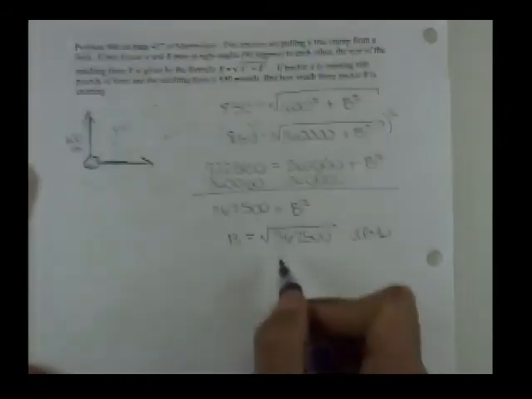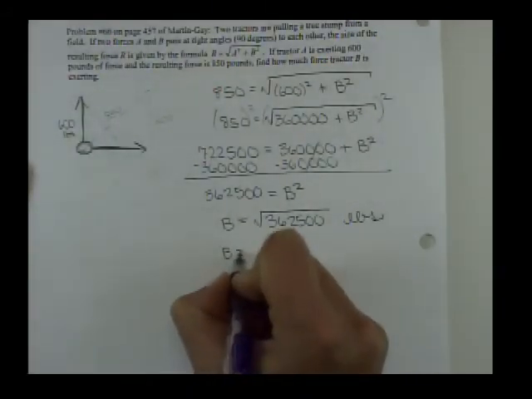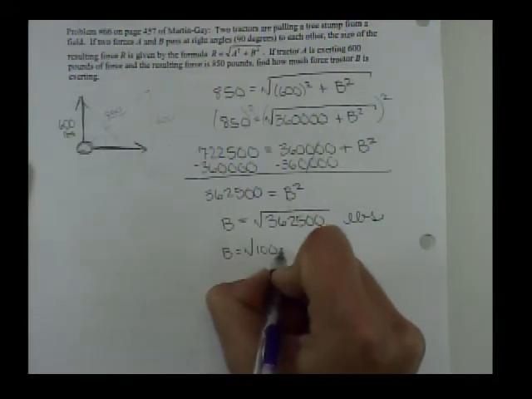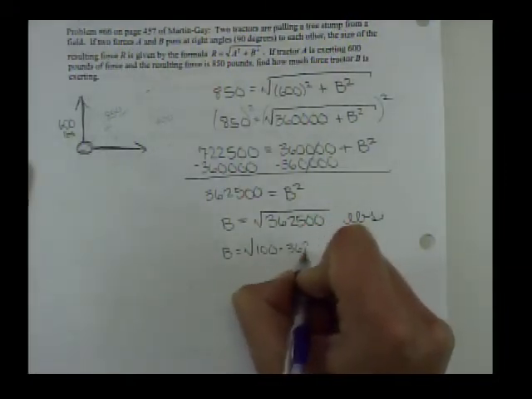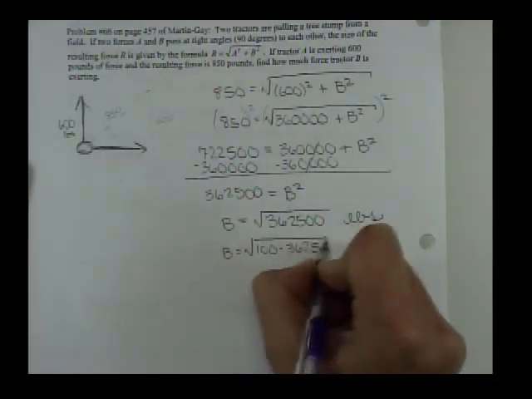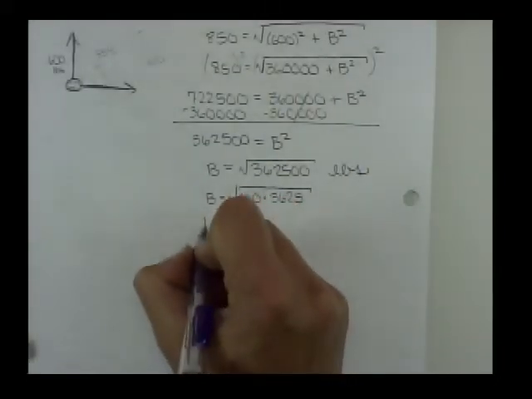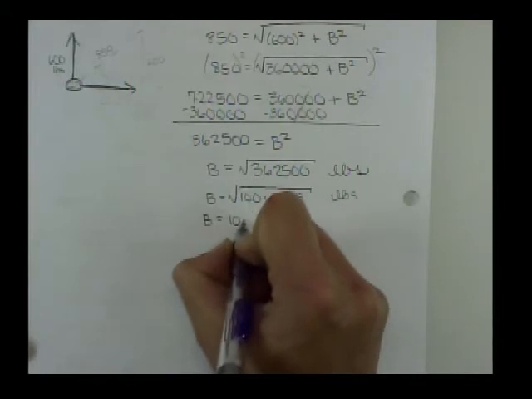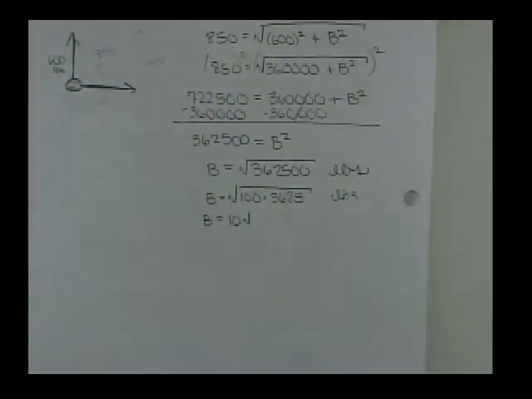Okay, the first thing I know I can do is, since it ends in 2 zeros, 100 goes into it. So it's 100 times 3625. And what's the square root of 100? 10. I can take out a 10. But if it ends in 25, 50, or 75, 25 goes in.